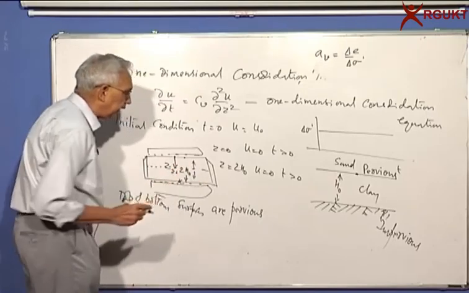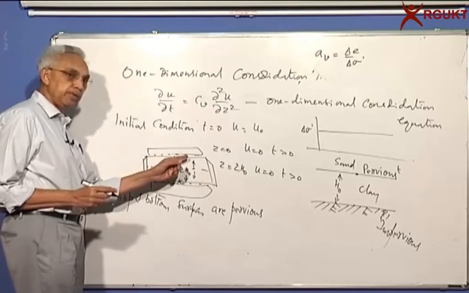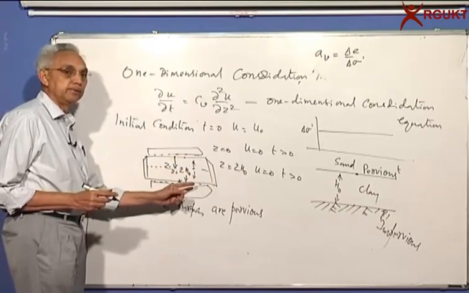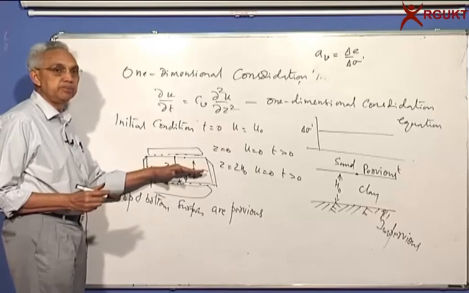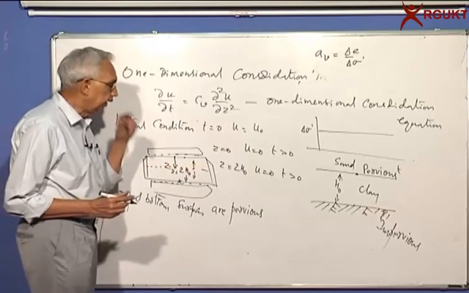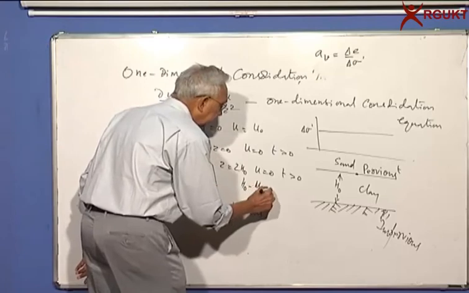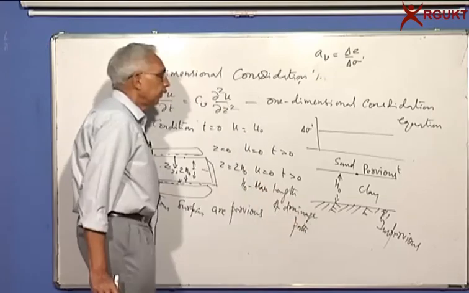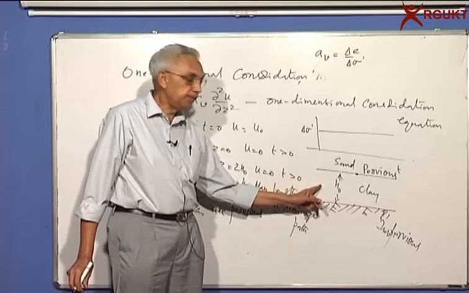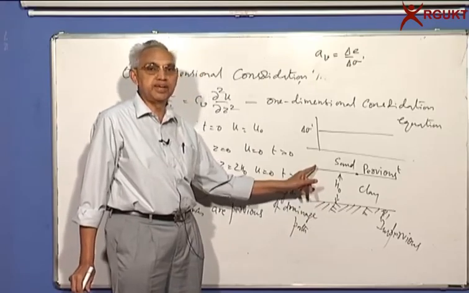From the mid plane, it can go up a maximum of H naught up or H naught down. So this is the plane of symmetry, and so we say H naught is the maximum length of the drainage path. And that is why we say H naught in case of double drainage.